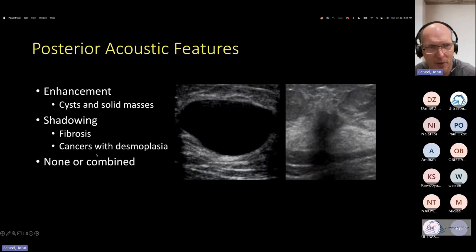It can be seen in fibrosis and cancers with desmoplasia. You can also have combined or none. Again, we did not include this in the condensed BI-RADS because if there's posterior acoustic enhancement and it's anechoic and there's circumscribed margins, it's a cyst. So we don't need to describe it. We just call it a cyst.